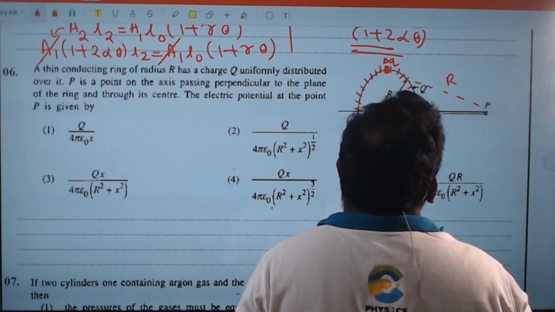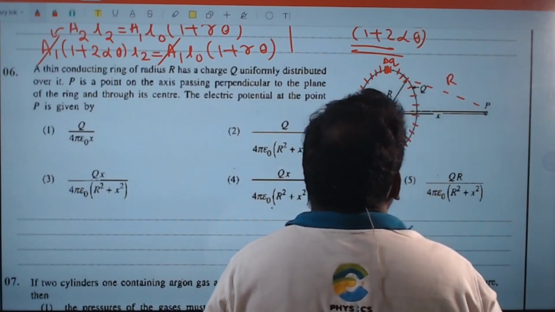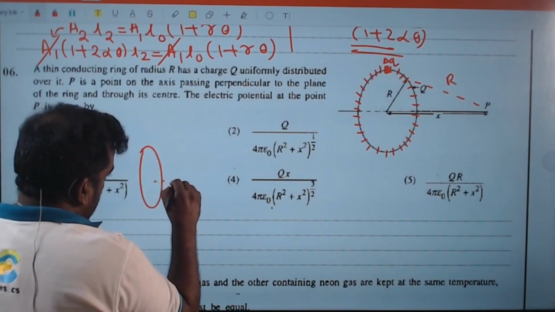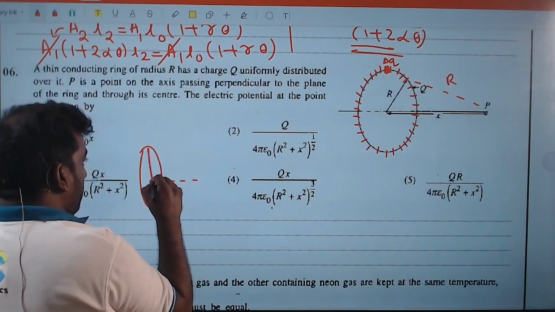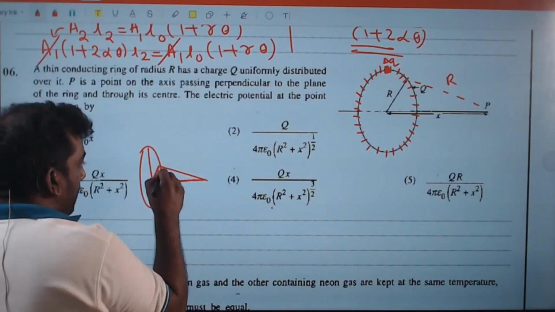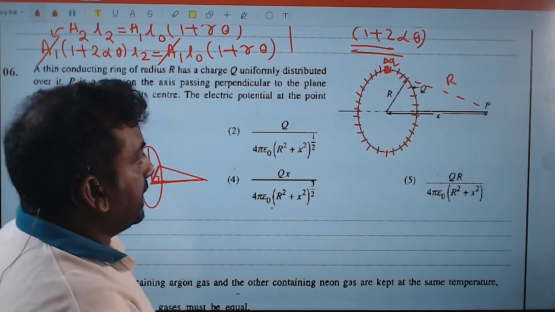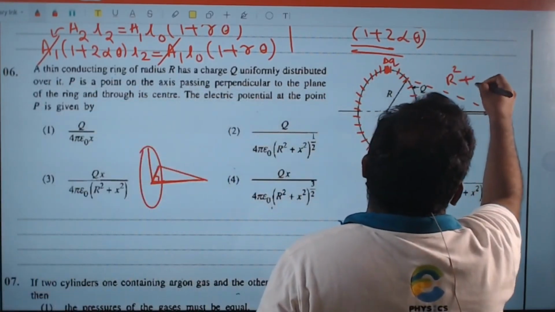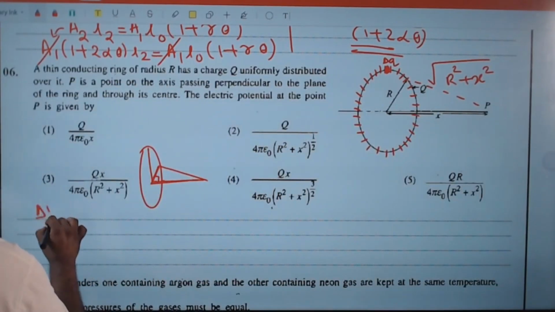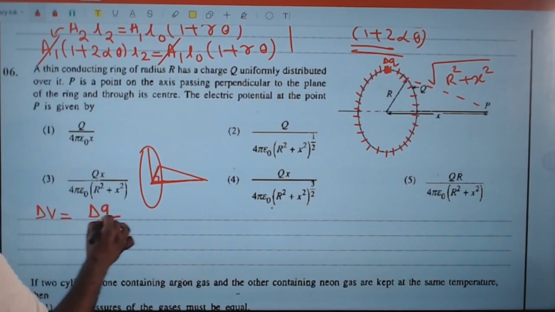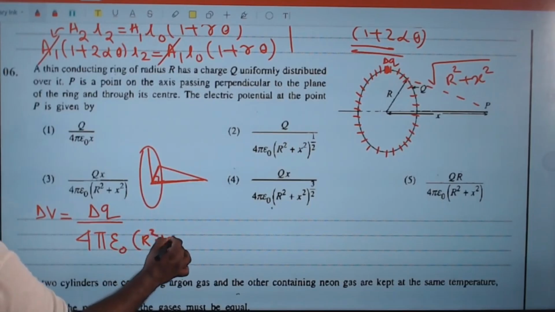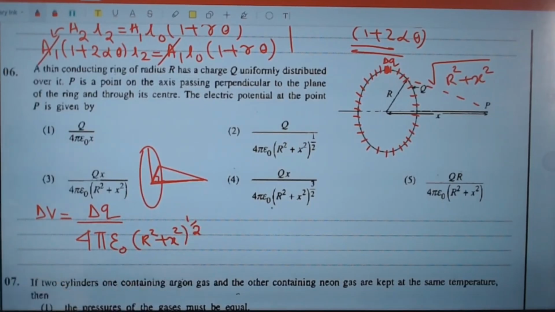Wherever you take, along the axis, from wherever, here it is 90 degrees. So by Pythagoras theorem, square root of r squared plus x squared. So the potential there is delta q over 4 pi epsilon naught times r squared plus x squared to the power half.